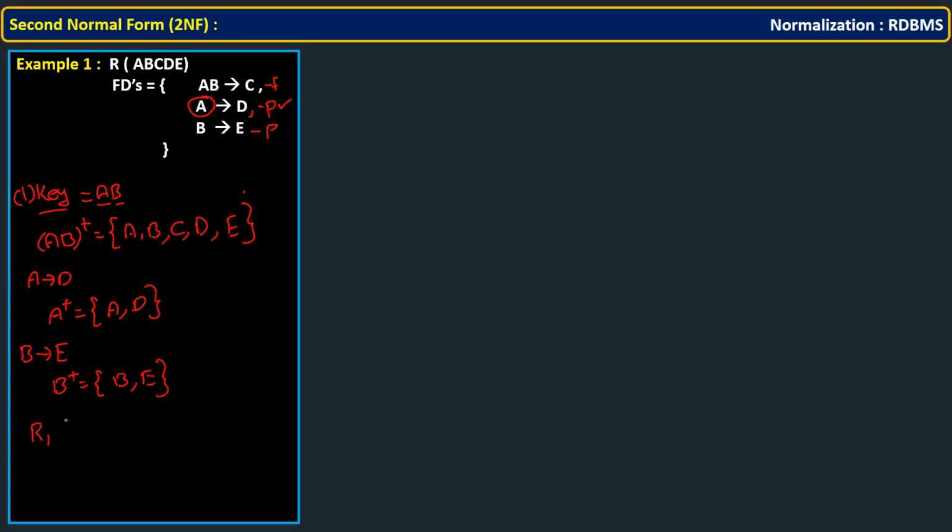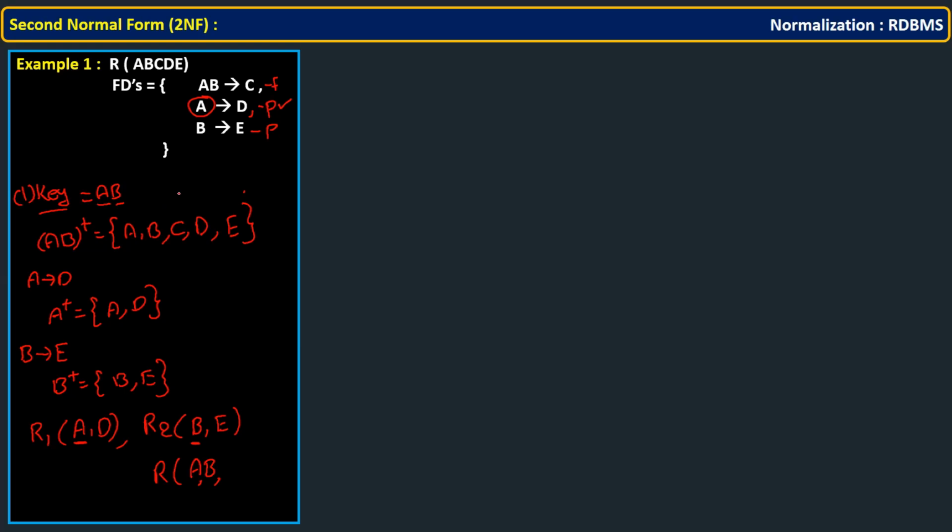Relation R1 is going to become AD, and here the primary key is A. Underline that also. And relation R2, BE, is going to become another table, and here the primary key is B. And the original table R, that means AB definitely going to be there, and the attributes which are not covered in both.